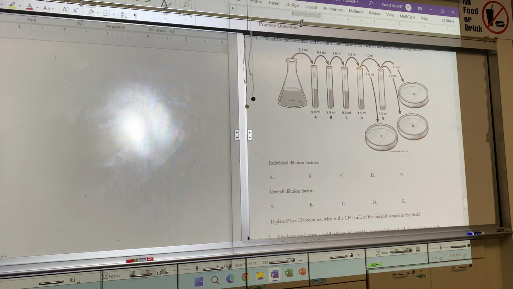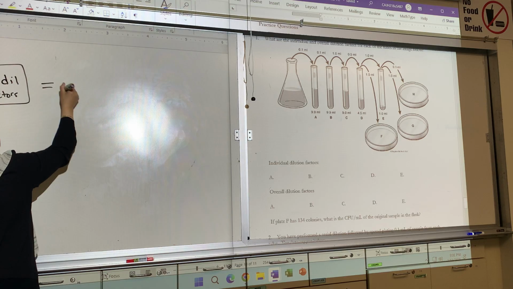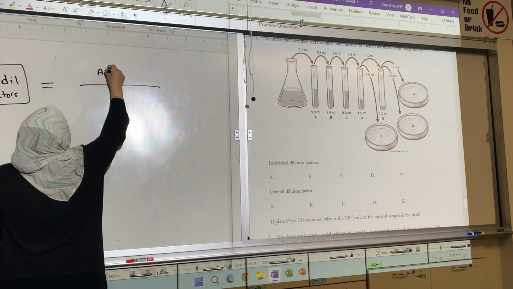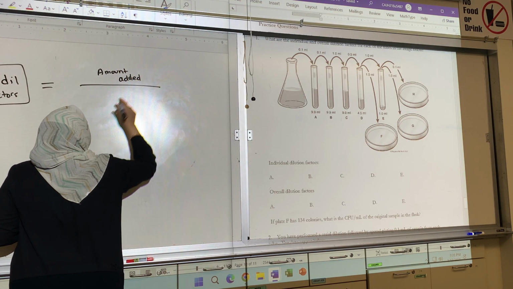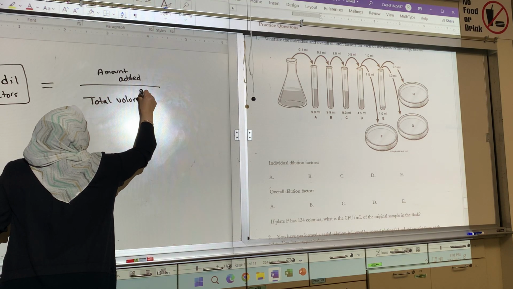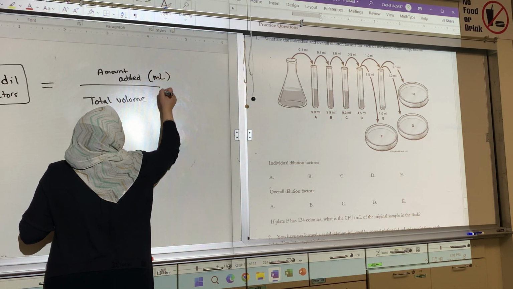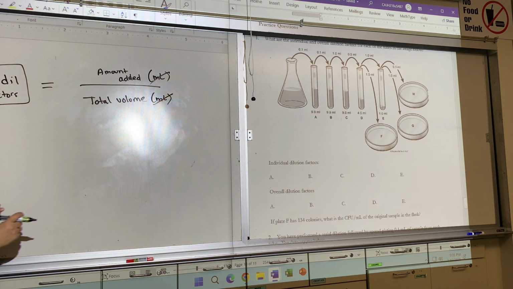Okay? So the first is the equation for individual dilution factors. And that is the amount added over the total volume. Okay? And dilutions are unitless because amount added is in milliliters, total volume is in milliliters, and therefore the dilution is unitless.